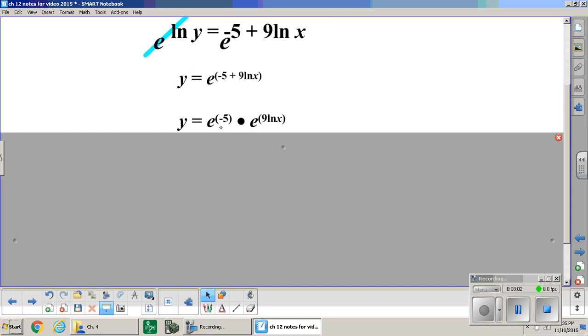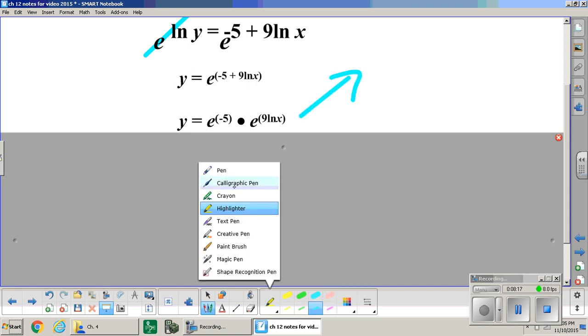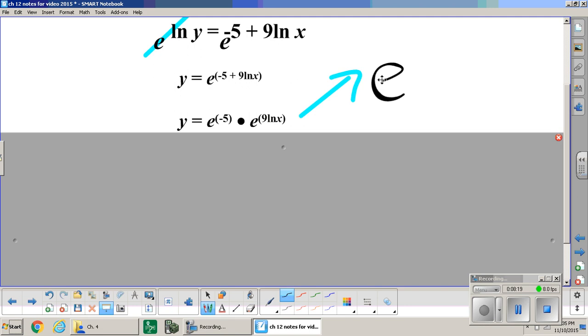Next step, this is where it's slightly different from exponential. E to the negative 5, you can get that decimal. What I'm going to do is e to the 9 times natural log of x. Let me write that bigger. So up here, we have just this part, e to the 9 times natural log of x. Well, we've seen this before.